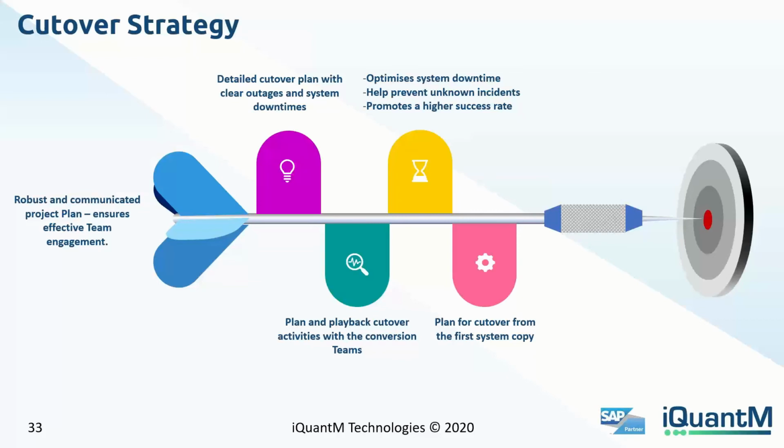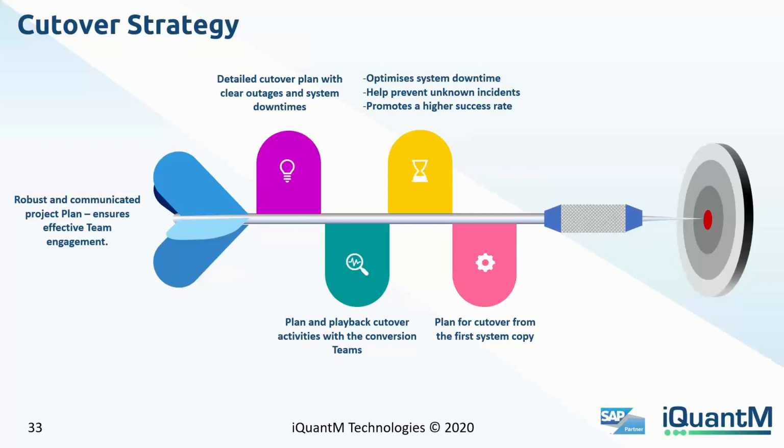Moving on quickly for time, I just want to highlight a few more things. The cutover strategy is also quite key. Unlike traditional migrations, where you start talking about cutover when you start getting close to UATs, with conversion, you plan your cutover from the first system copy. That is where you start looking at the timings it takes for events, the sequencing of events, and how the handoffs will work.